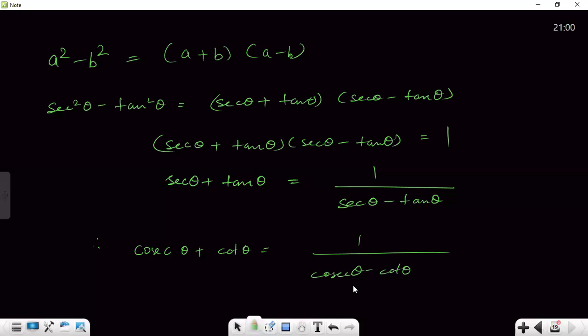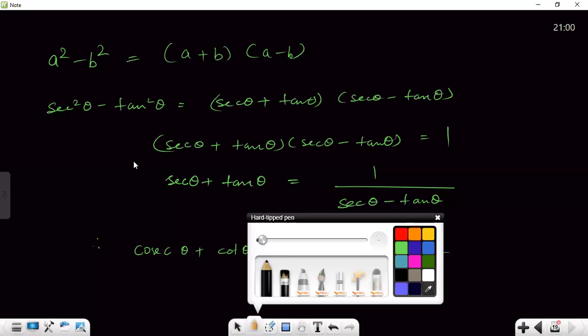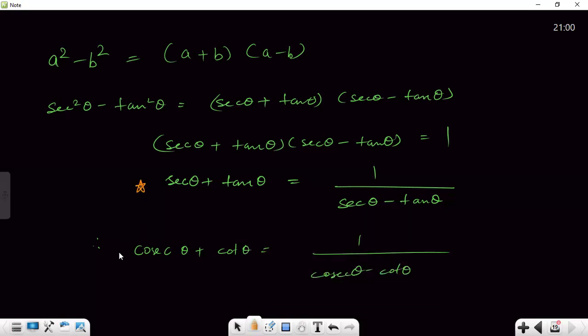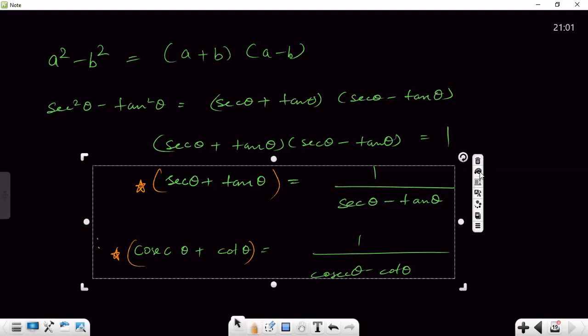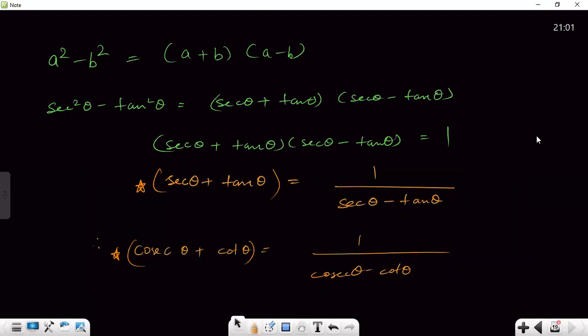Is that clear? So these two are important observations. Clear? Yes, sir.